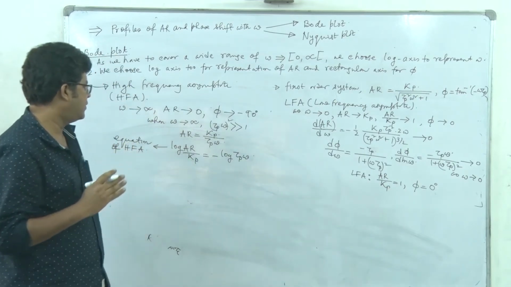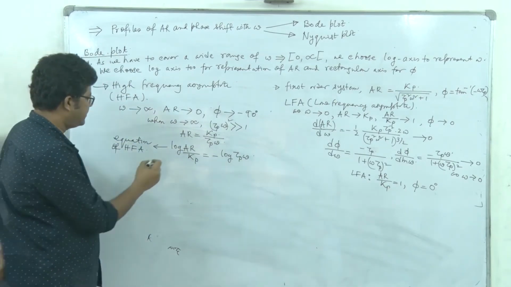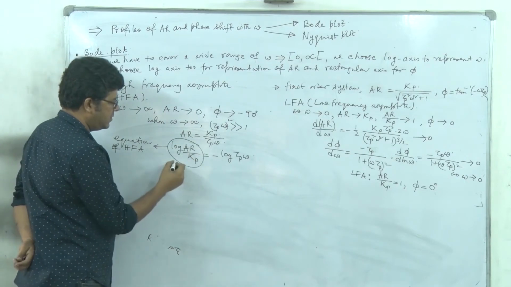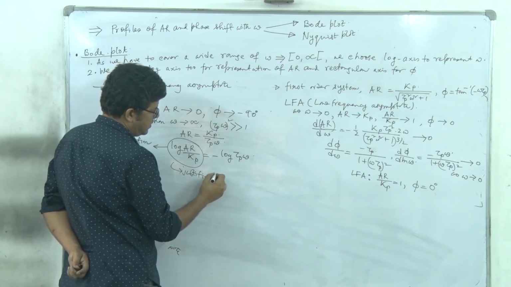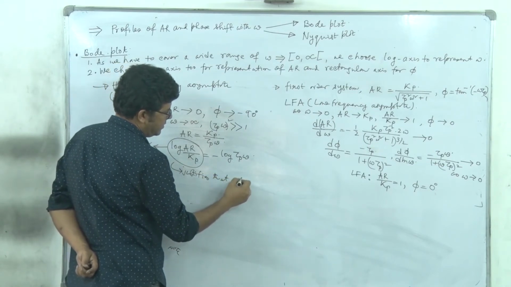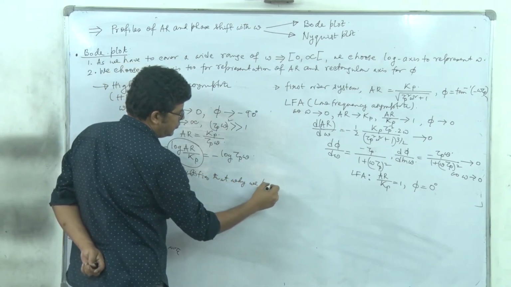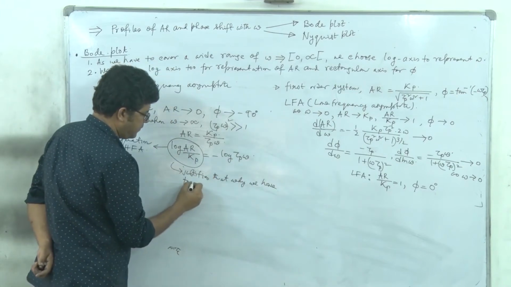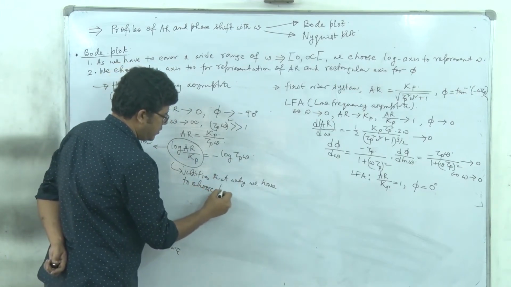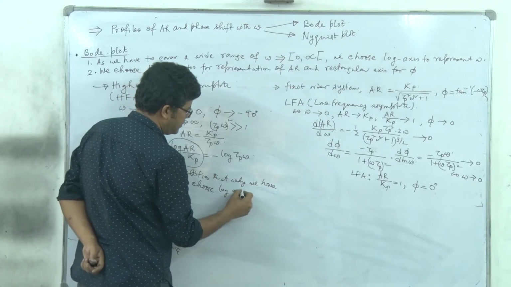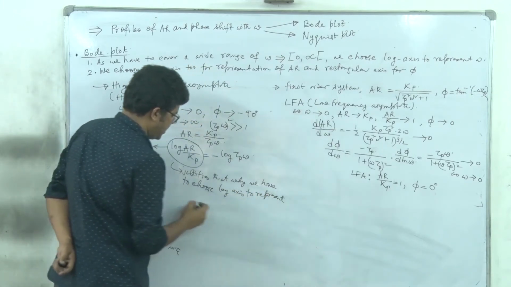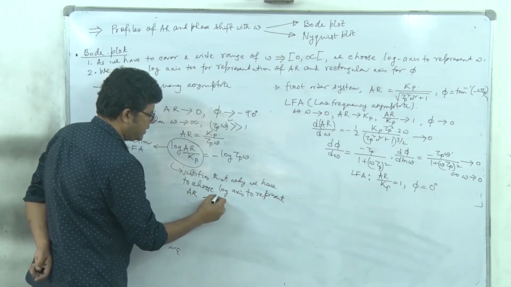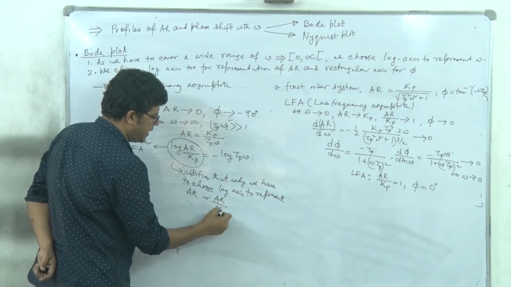Typically this states, and that justifies why we have to choose log axis to represent AR, or alternatively we can also go for plotting AR by Kp.